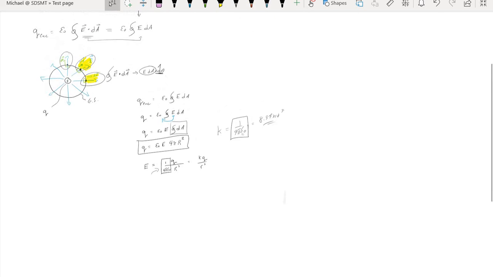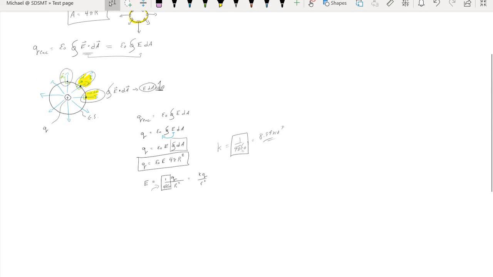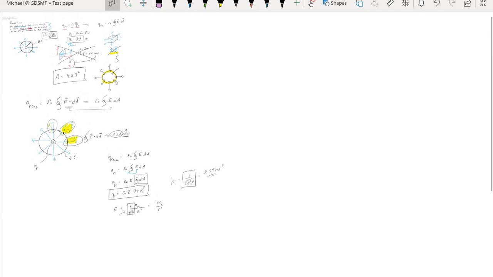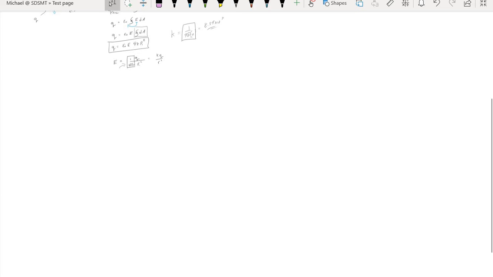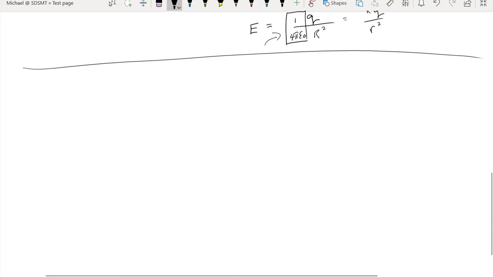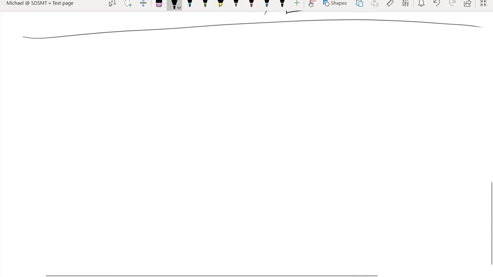Okay, well that's for a single point charge. What other kinds of collection of charge are out there? And how could we apply Gauss's law to those? Well, the next combination of charge that we attempted, at least back in the previous chapter, was a line of charge.